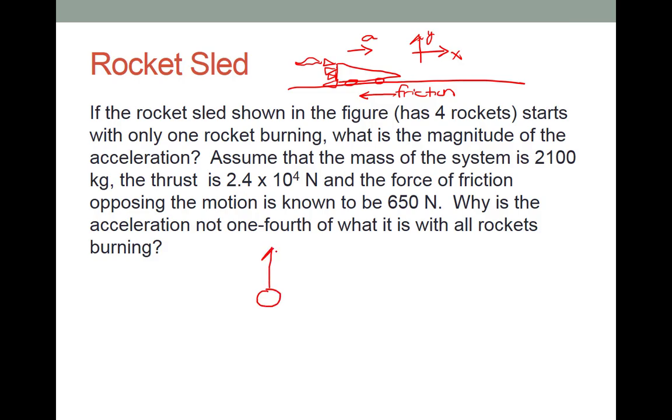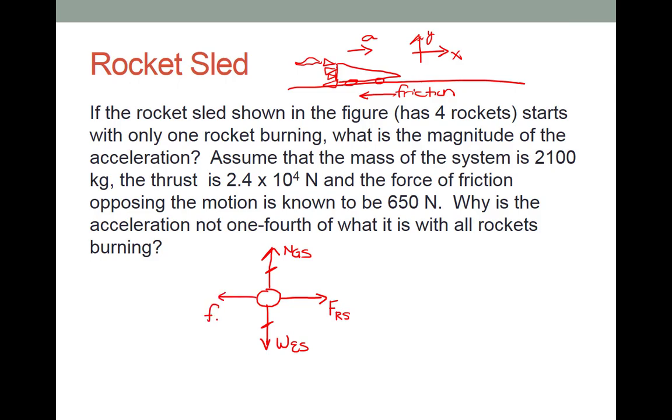So I have a normal force from the ground on the sled. I have the sled's weight pulling down, but there's no acceleration in the vertical direction. So I can just automatically say these two are equal to each other because it is not accelerating. Okay. I also have the force from the rocket on the sled, if you will, and that is propelling the rocket sled forward, so I put it that direction.